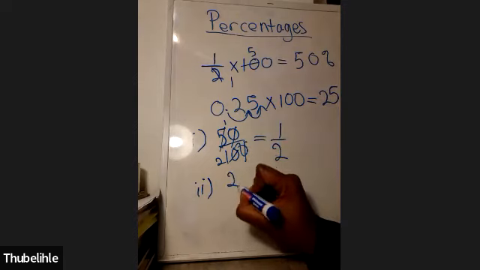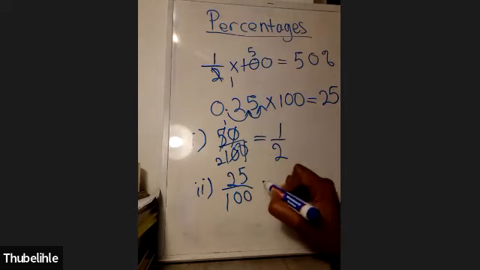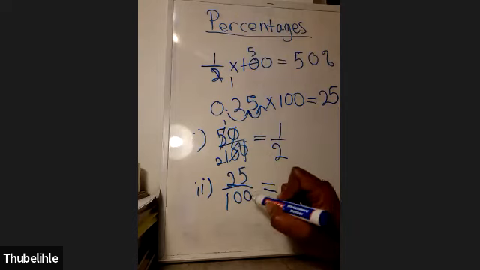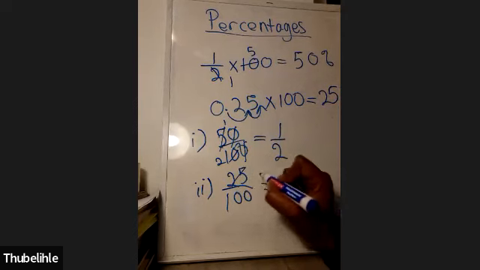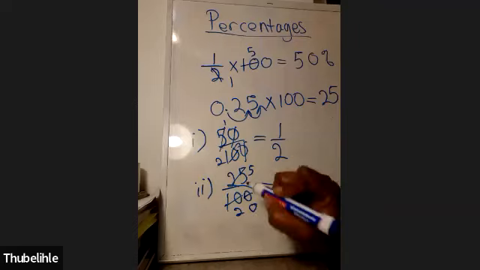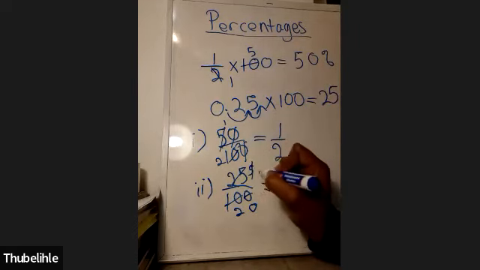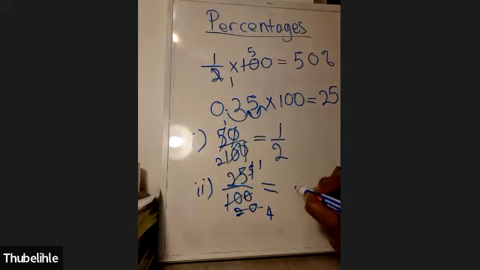So we said it's 25%, which means it's 25 over 100. So we just reduce this into its lowest terms. We can start with 5, and then we can say 5 into 25, we get 5. 5 into 100, you get 20, and then you lower that again. Say 5 into 5, you get 1. 5 into 20, you have 4. So you bring it back to 1 over 4.